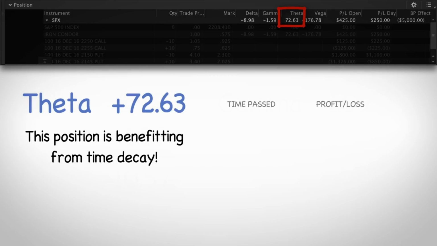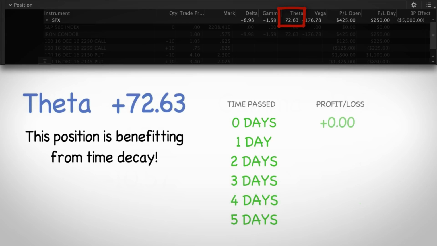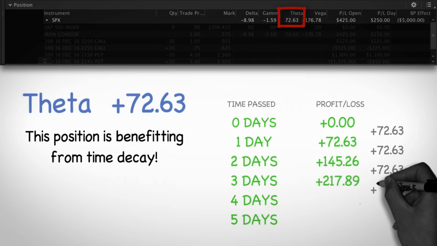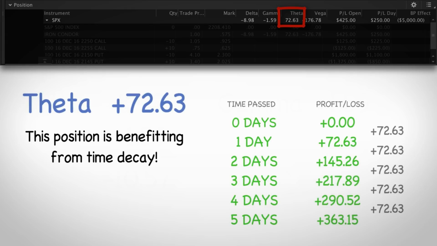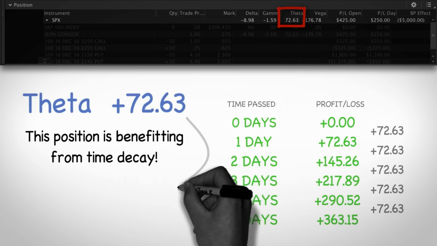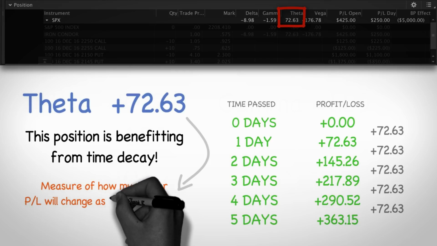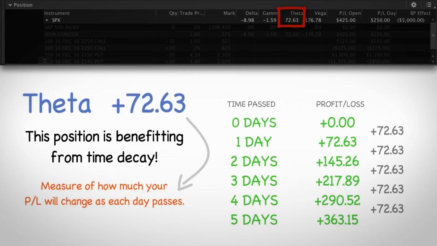Or in other words, for each day that passes, this one position is bringing in $72.63 from time decay. This is pretty cool because all the strategies we use here at Skyview Trading benefit from time decay. Making sure you are on the right side of time decay is extremely important. So again, looking at position theta will tell you how much your P&L will change due to one day passing.